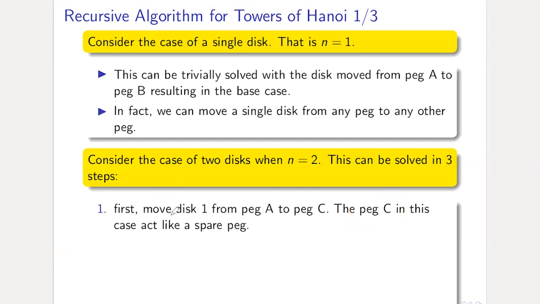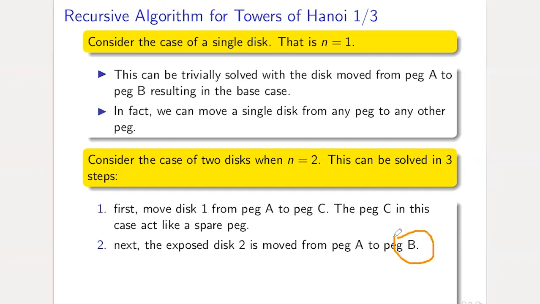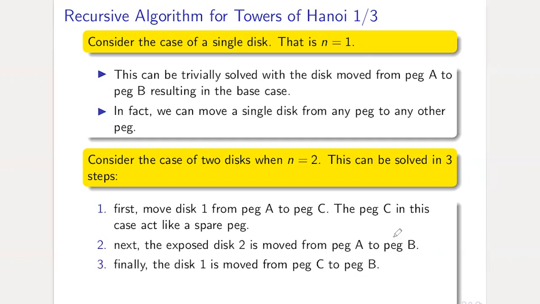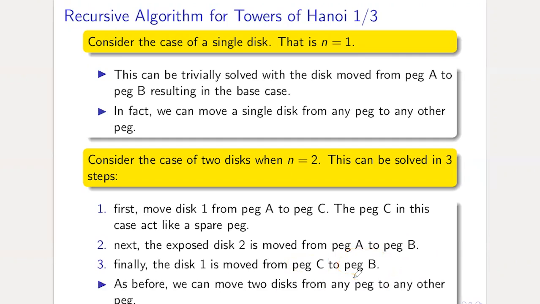So we first move disk 1 from peg A to peg C, and then we move disk 2, which has now become exposed because it is the disk on peg A, to peg B, which is where we want to go ultimately. Then we move disk 1, which is currently on peg C, to peg B. That will finish off the task.